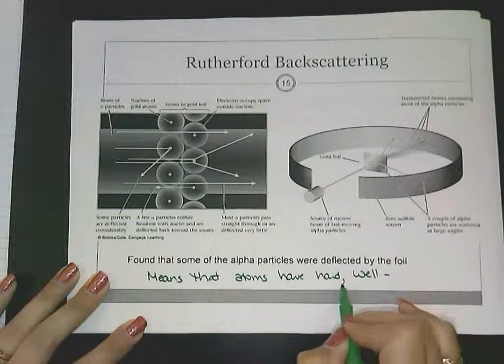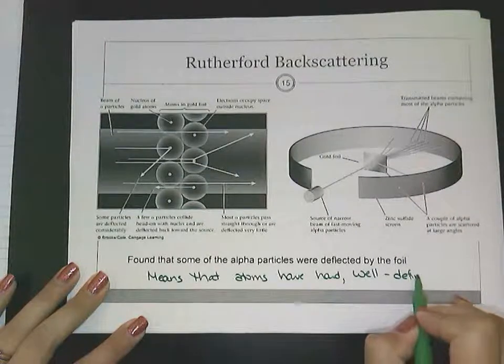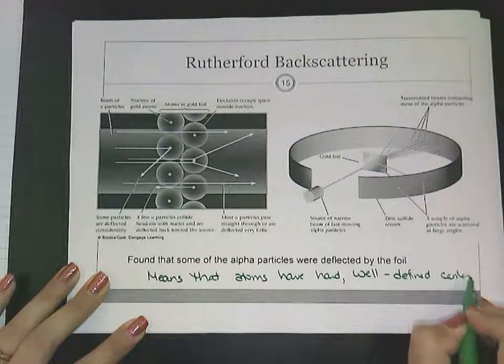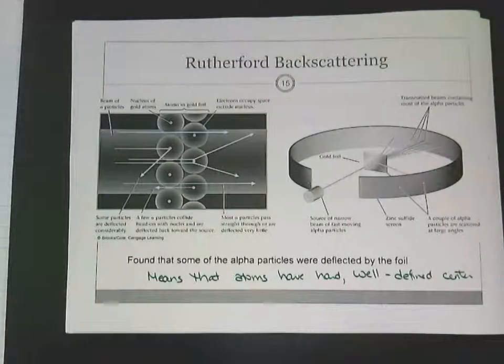It has a hard, well-defined center. Which is how we have the model that we have now, right? We don't assume that the electrons are just everywhere in this open range. When we draw an atom, we have it with a well-defined center, and the electrons are scattered around the outside.